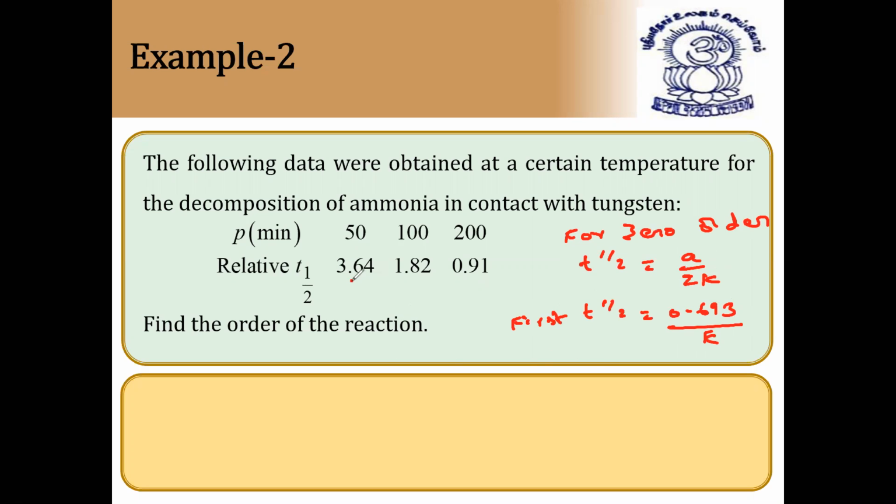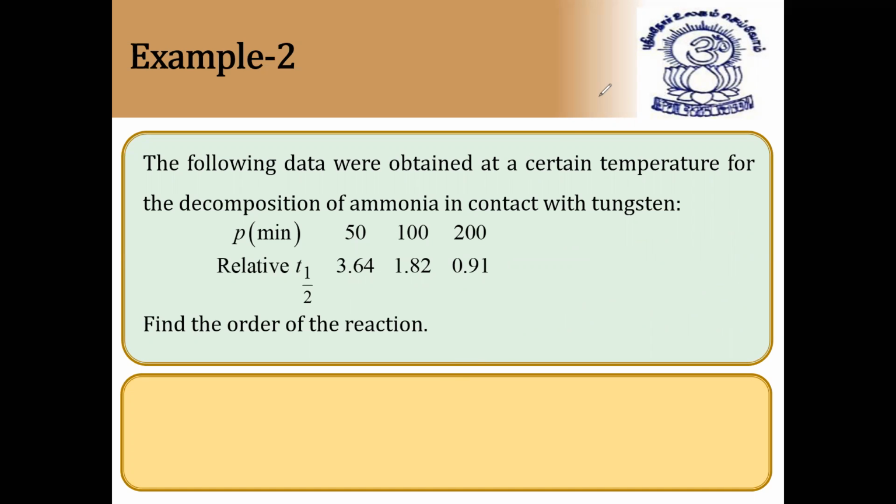So this is matching with second order because it is decreasing two times: 3.64, and T half for 100 means it is nothing but 1.82. So exactly 2 times, 1.82 against 0.91. So that is a second order reaction.